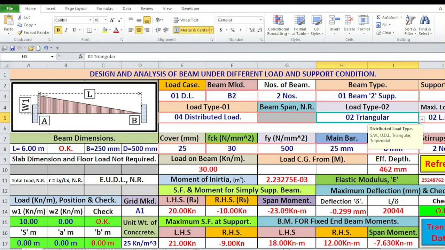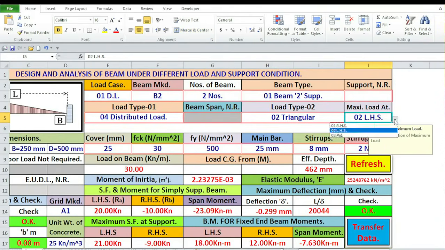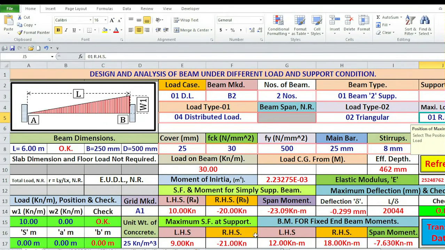First I am considering right hand side. Here at the right hand support the load is maximum and at left hand support it is 0. It is also a distributed load, distributed varying load.